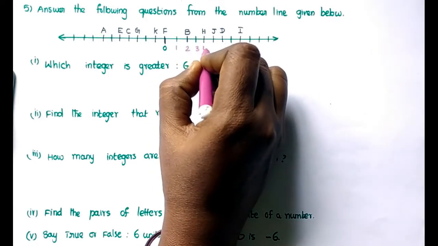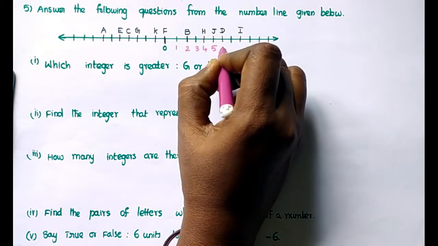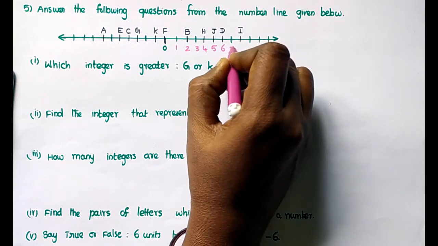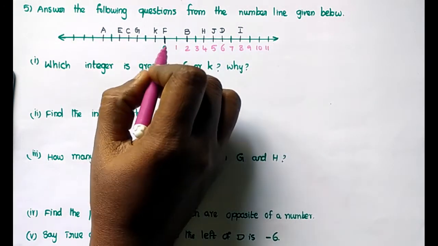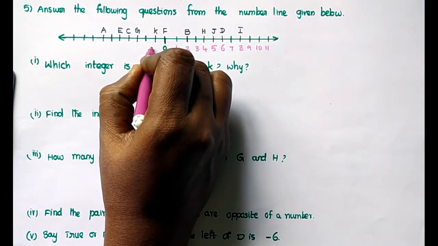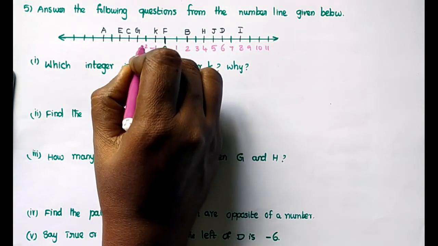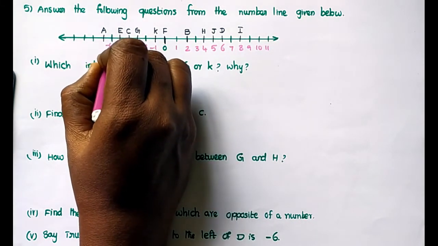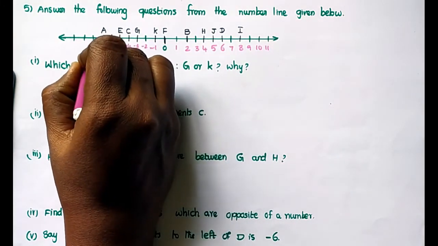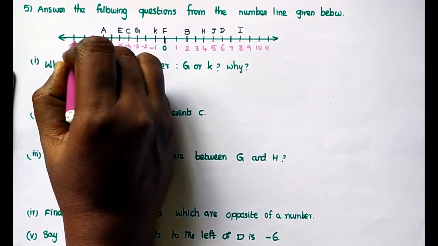Right of the 0 is positive integers. So 1, 2, 3, 4, 5, 6, 7, 8, 9, 10, 11. And left of the 0 is negative integers. So -1, -2, -3, -4, -5, -6, -7, -8, -9, -10.